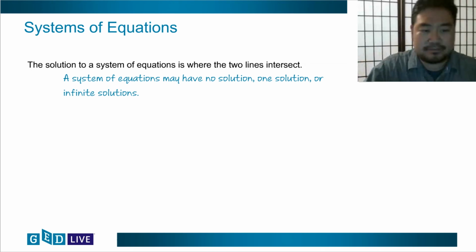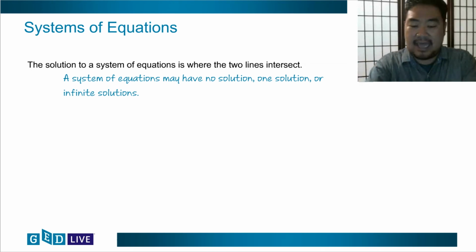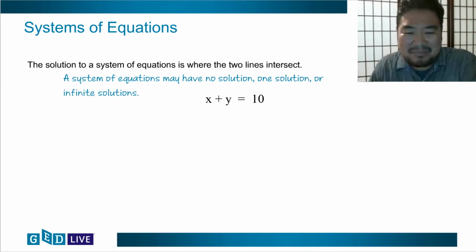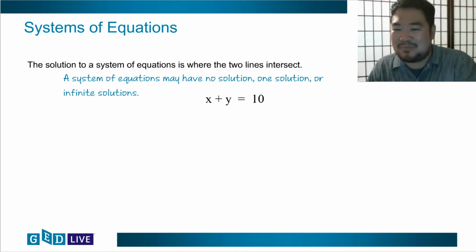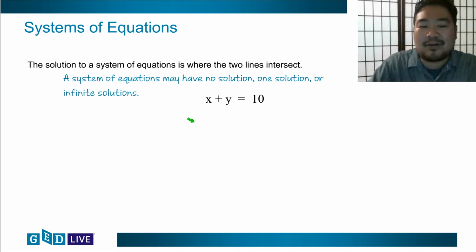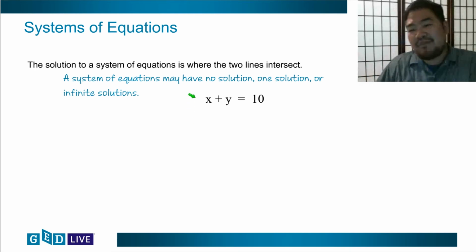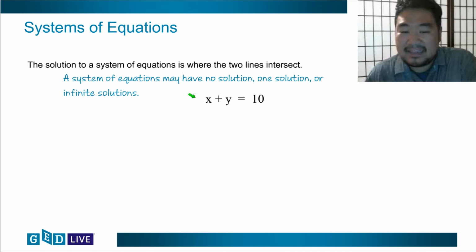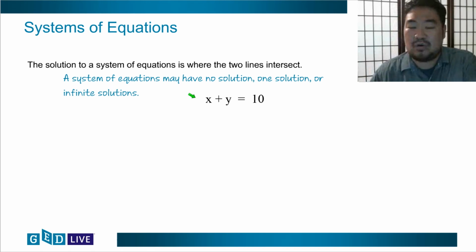As an example, we were to say something like x plus y is equal to 10, and then go ahead, give me another example. But keep it simple. Give me another example of an equation that you might have here, besides the one that I have here. So one example might be simply x plus y is equal to 10. And as you're typing that, I just want you to know something here, folks, that when you have x plus y is equal to 10, this actually does not give you a very specific answer for x and y, right?